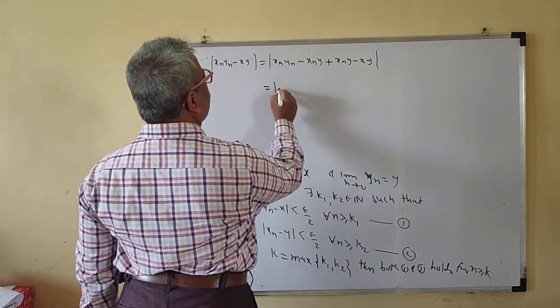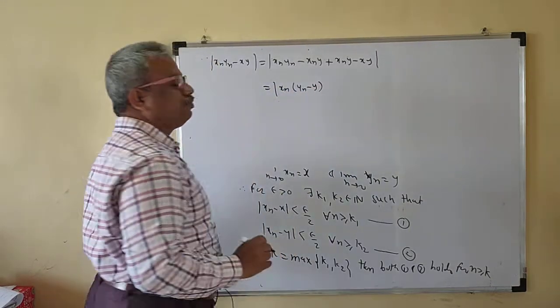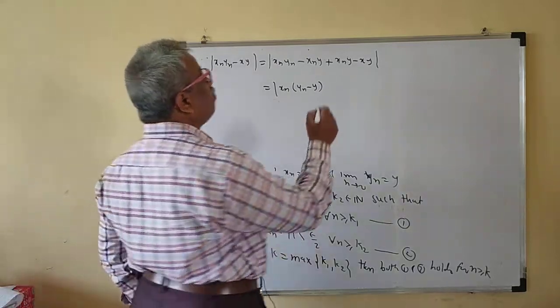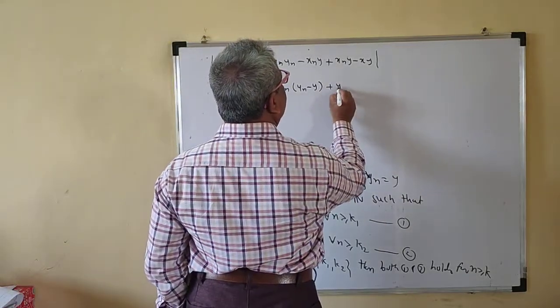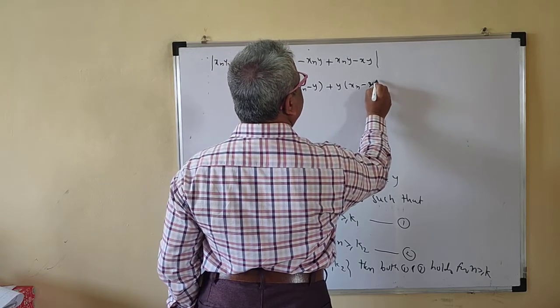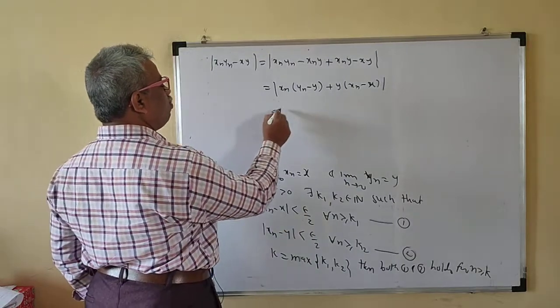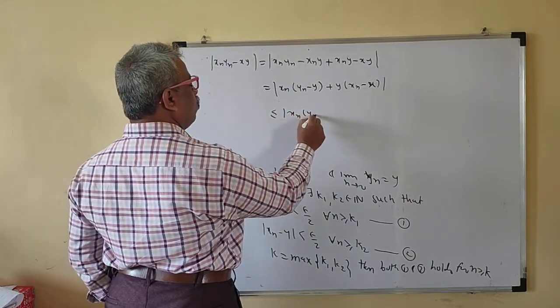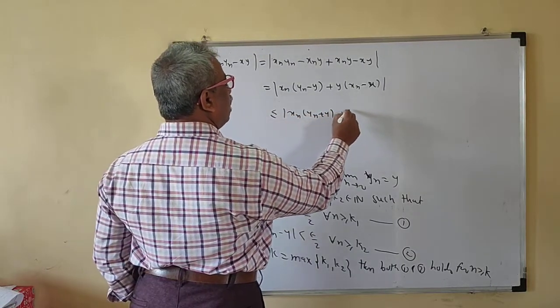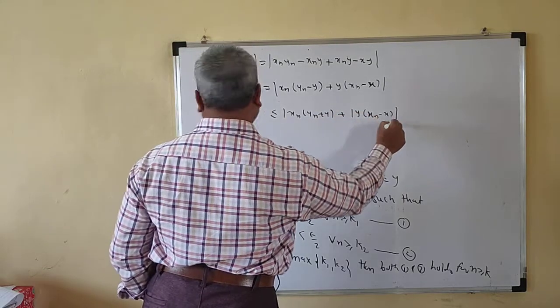I will take xn common from the first two terms: xn times (yn minus y). And I will take y common from the other two: y times (xn minus x). Okay, so now this is less than or equal to mod of xn times mod of (yn minus y) plus mod of y times mod of (xn minus x).